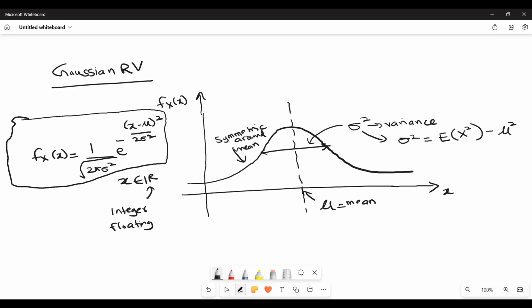It is defined using the parameters mu and sigma. Sigma and mu define the Gaussian distribution function. So that is basically regarding the Gaussian random variable.